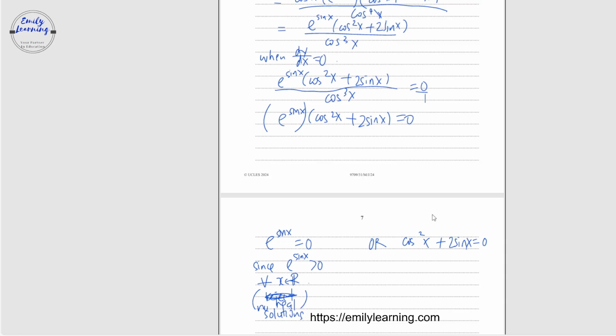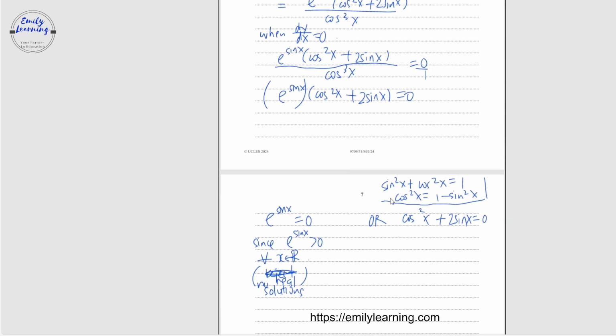Now moving on, we need to solve this trigo equation. You have cosine square and sine. So what do we need to do? Well, we need to change the cosine square to sine square. Recall your identity, sine square x plus cosine square x equals 1. Therefore, I'll rewrite cosine square x as 1 minus sine square x, and replace cosine square x with 1 minus sine square x.